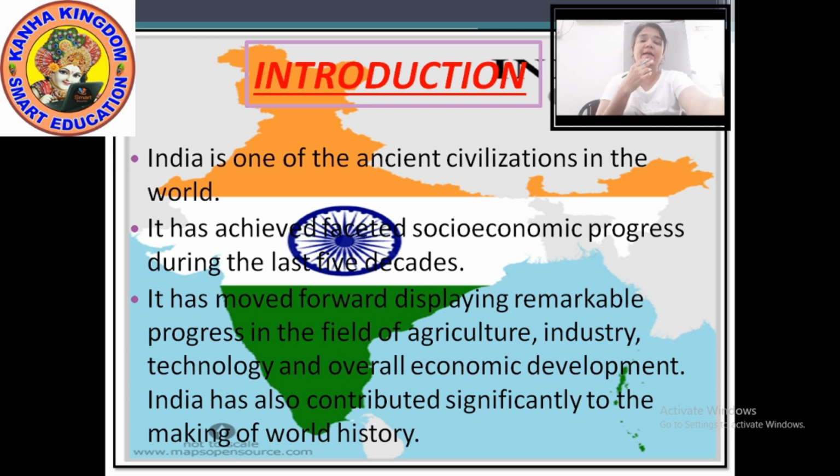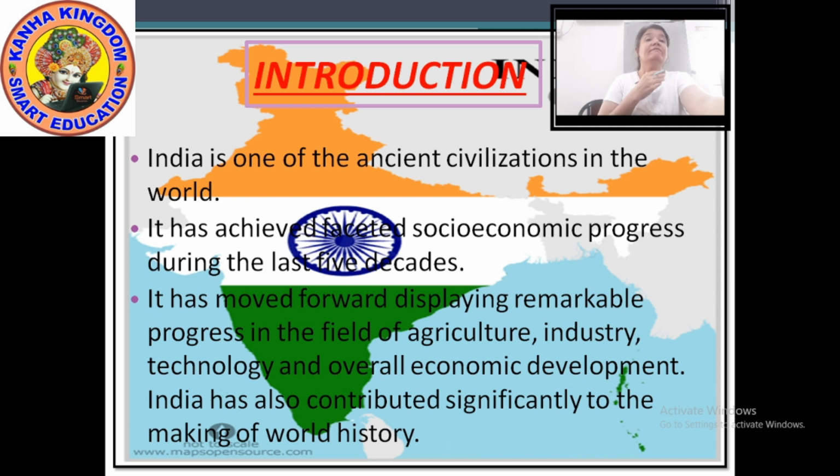Okay, fine. And next, India has achieved multifaceted socio-economic progress. Now what is faceted? Faceted means having many sides.